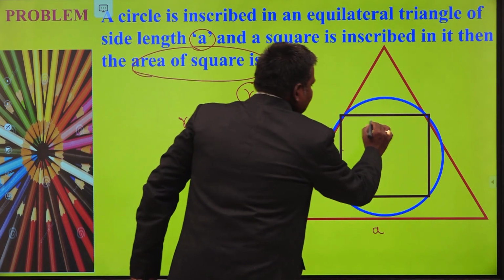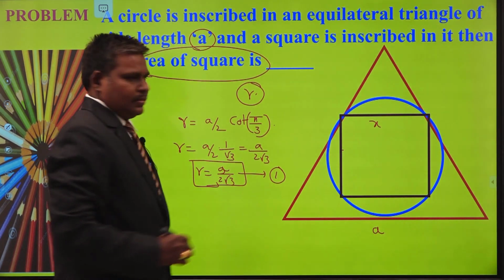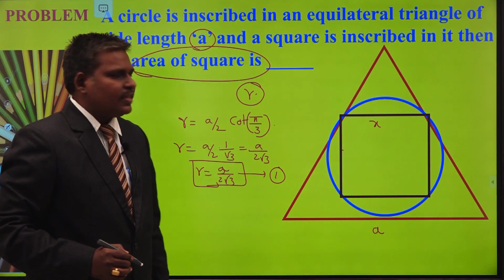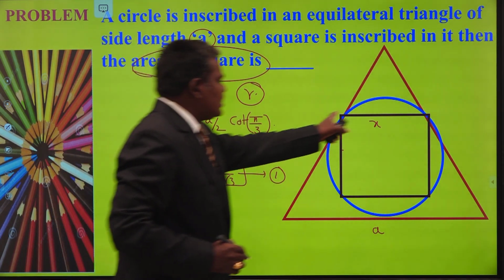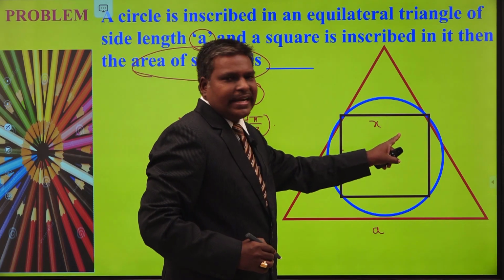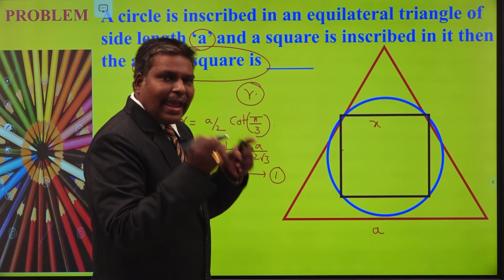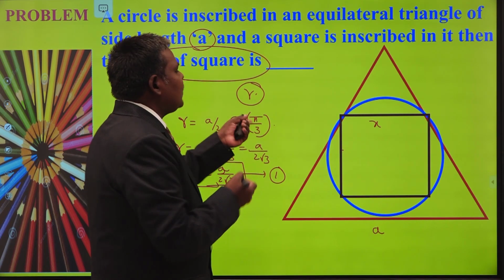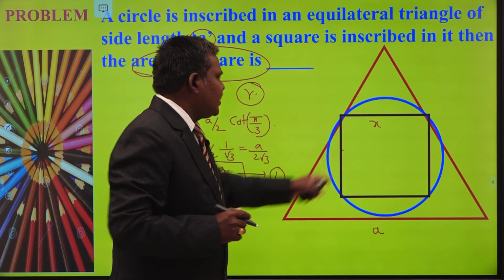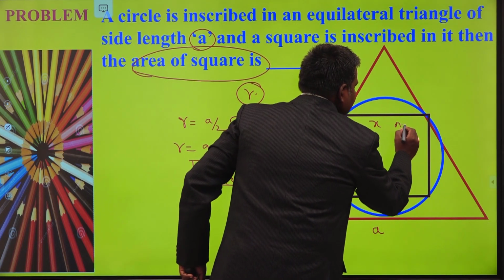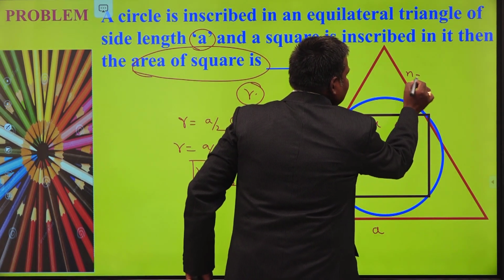Let x be the length of the side of the square. This is a regular polygon of how many sides? 4 sides. Now what is the relation? R is equal to x by 2 cosecant pi by 4, because here the number of sides n is 4. Earlier the number of sides was 3.